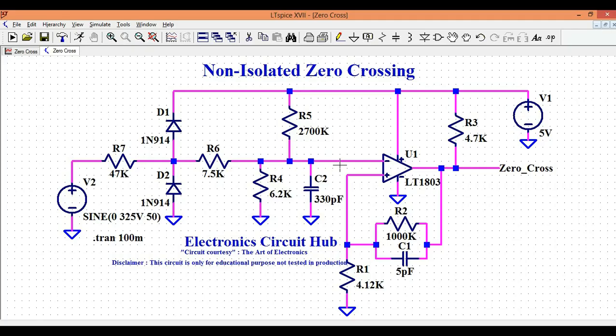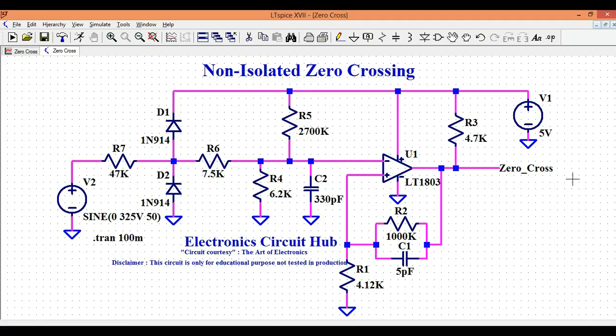I directly took this circuit from the Art of Electronics book. They have multiple circuits. I simulated it, and then I thought about what the limitation of this circuit is. The main disadvantage is that it's non-isolated.